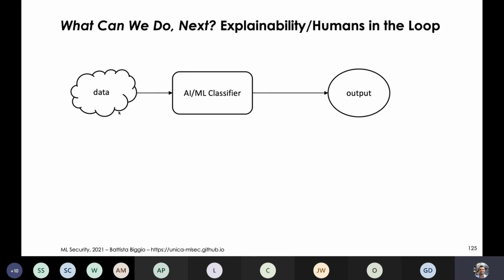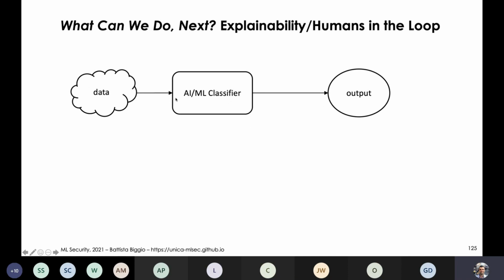All right, so what could we do? How can we empower the new AI or ML algorithms? Because this is the standard version that we have: you have data, then a classifier making a decision, and the output.